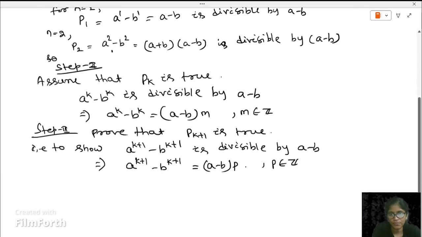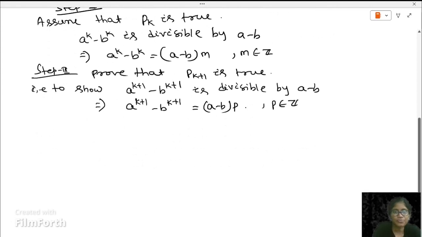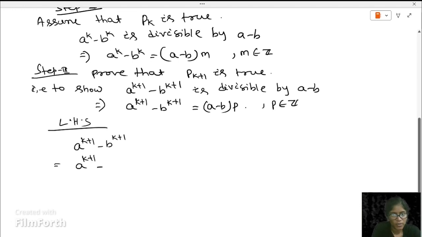Now, the left hand side of this: a to the power k plus 1 minus b to the power k plus 1 equals, we can write, a to the power k plus 1 minus a into b to the power k plus a into b to the power k minus b to the power k plus 1.